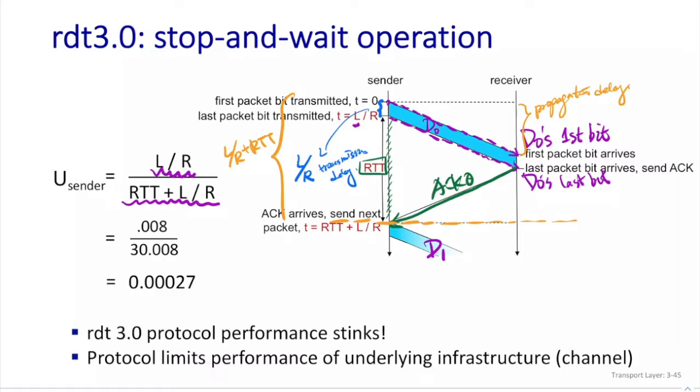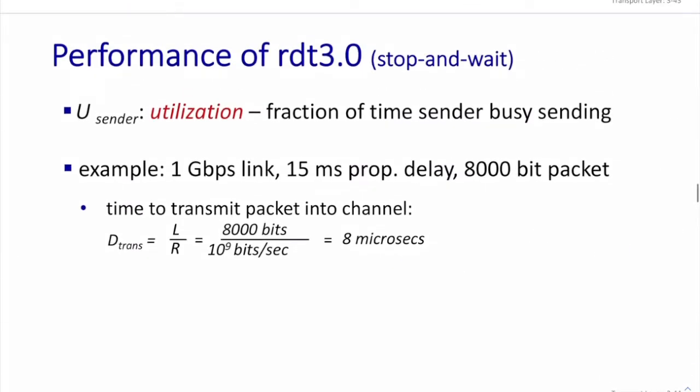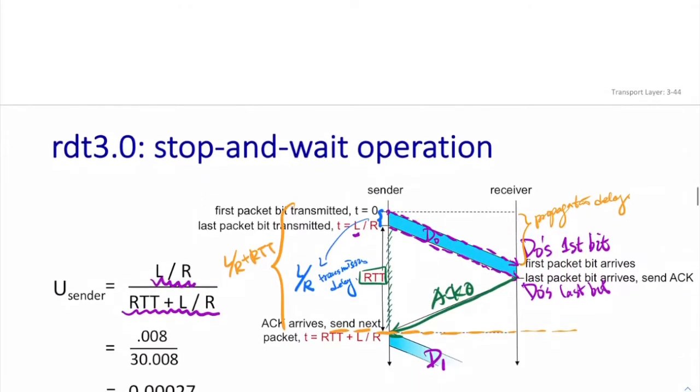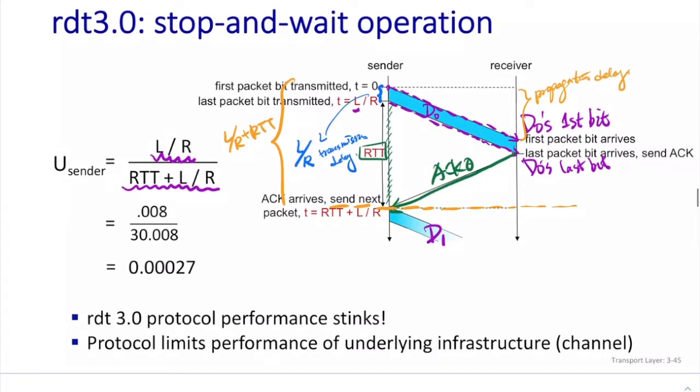Of course, you can use any numbers in this formula, but we can see that the utilization of this link is very low, because the sender has to wait a very long period of time, which is caused by the RTT. In this time period, the sender cannot send D1.